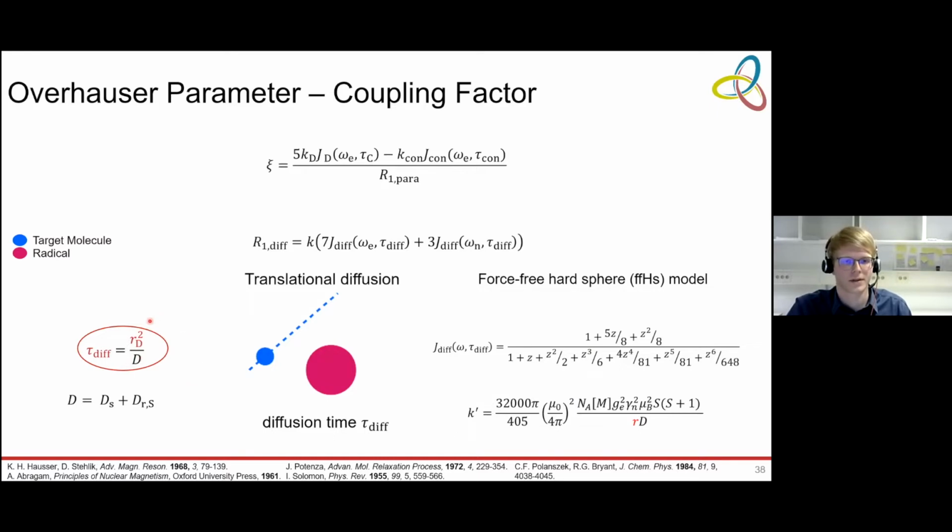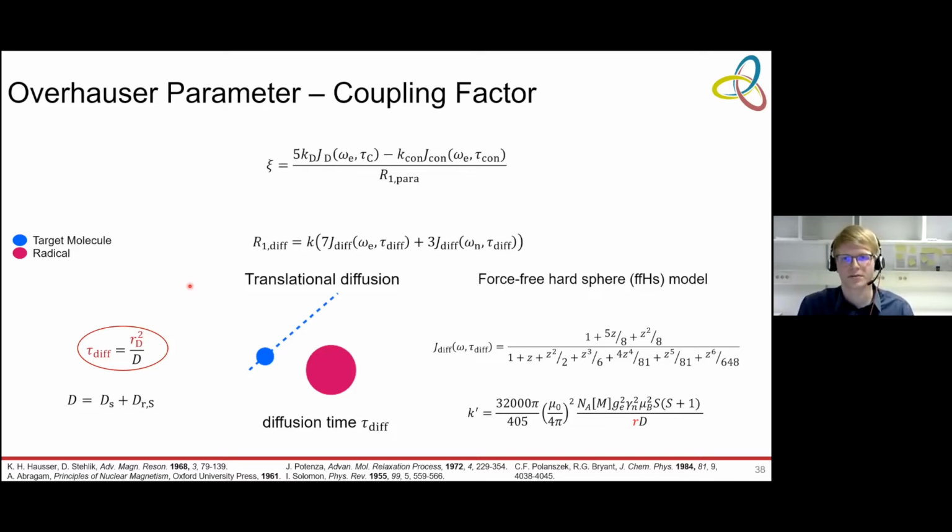So we can use this to obtain distances of closest approach, and this has been used, for instance, by the group in Santa Barbara to gain information about the water hydration of, for instance, some proteins, I think, already a while back.